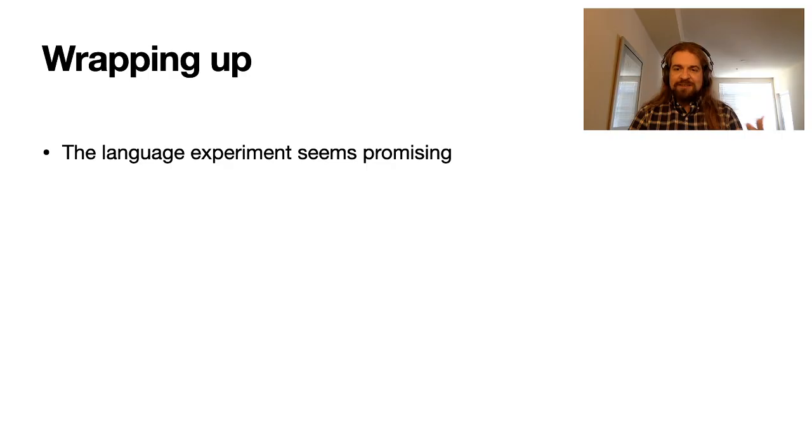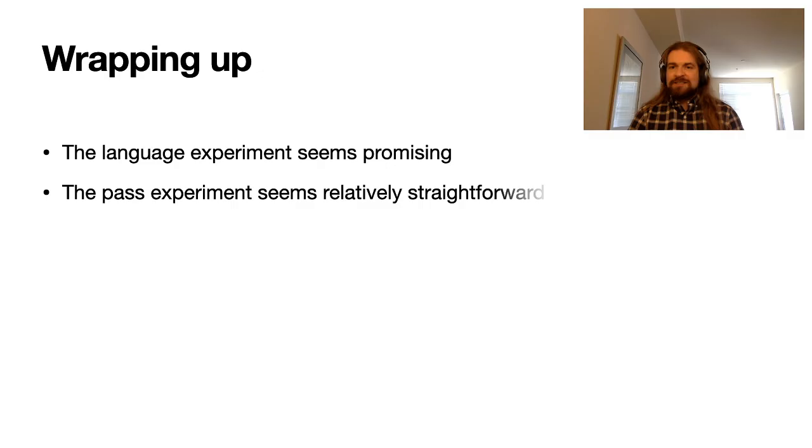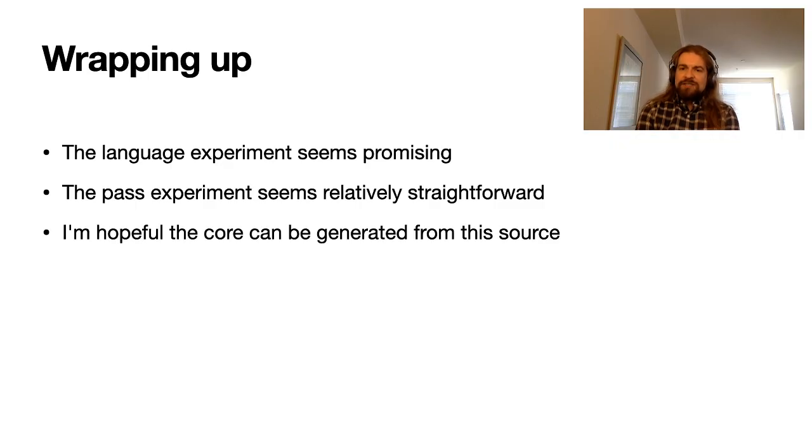This gives me a little bit of confidence that some of these bits and pieces have been tested. The pass experiment seems relatively straightforward, even though I think it's a fair amount of work. And I'm hoping that the core can be generated from this source and that we can keep it all fairly light.